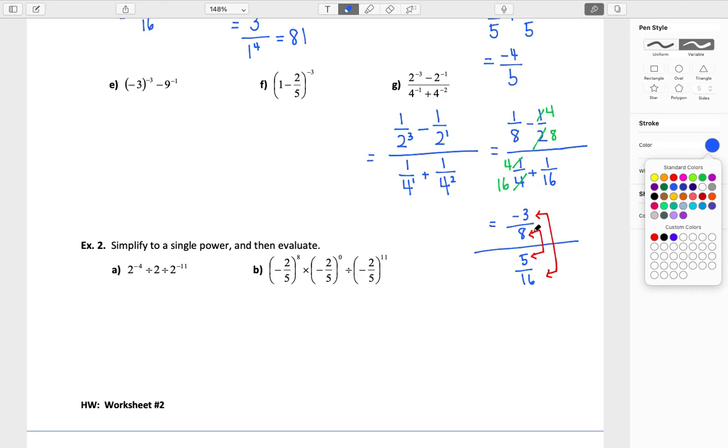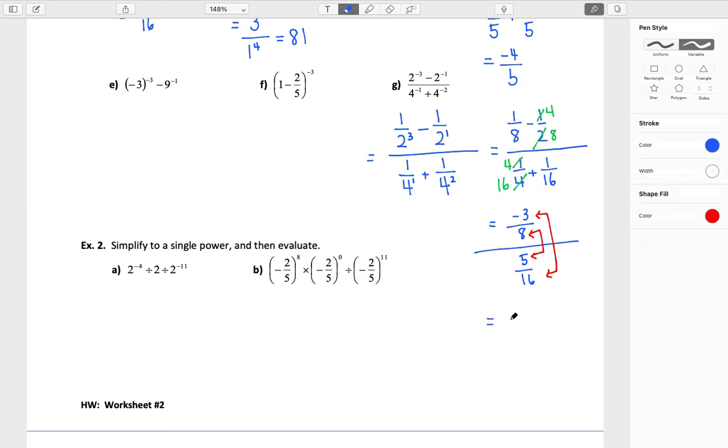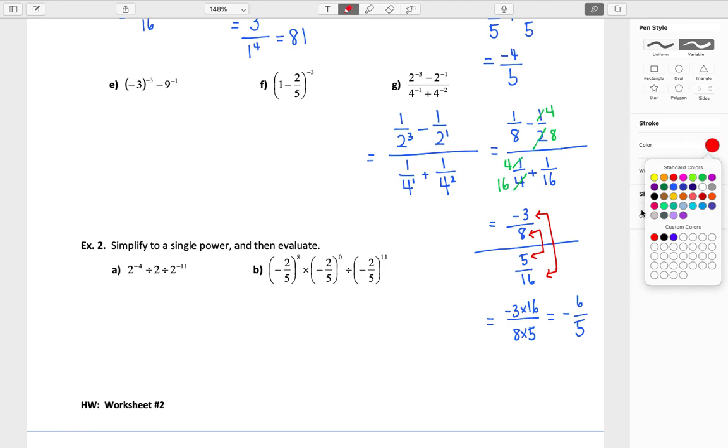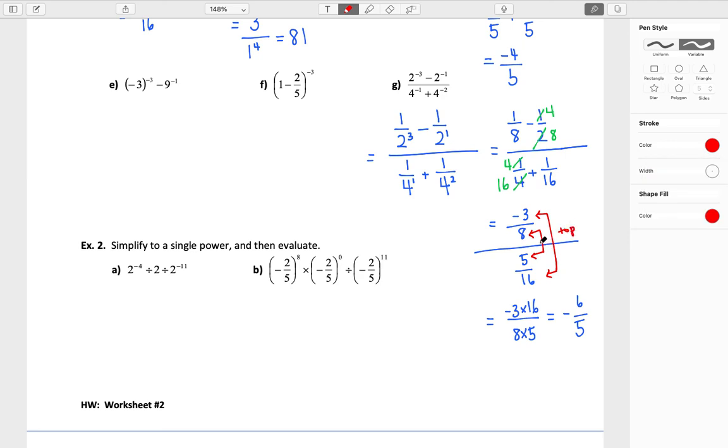So 8 times 5 inside, 8 times 5 at the bottom, and the outside becomes the top, negative 3 times 16. And then you simplify, you're going to get negative 6 over 5. Now, remember, outside becomes the top, and the inside is at the bottom.